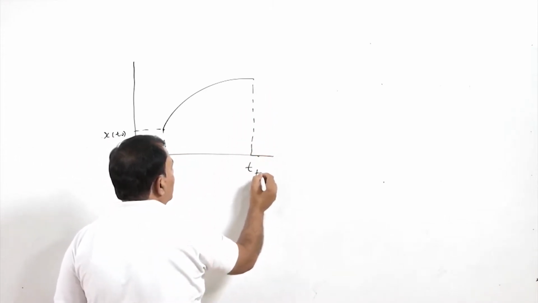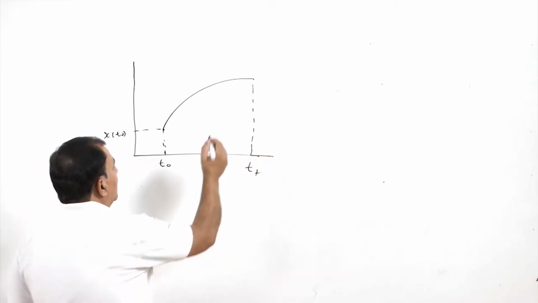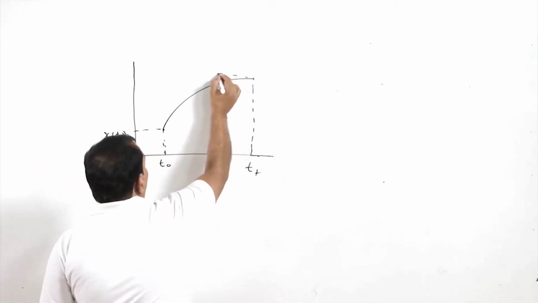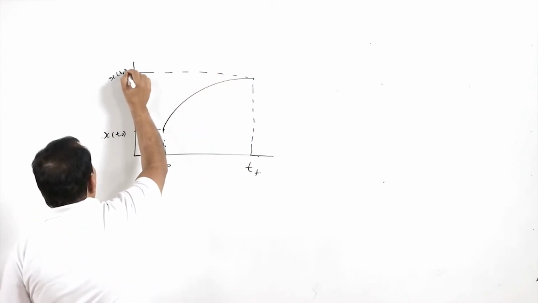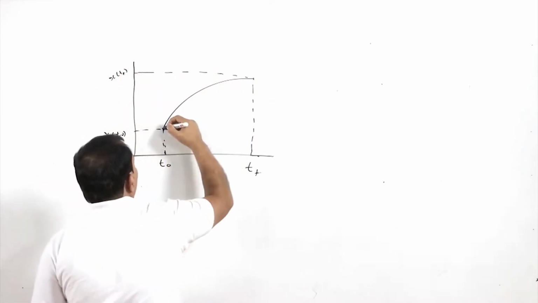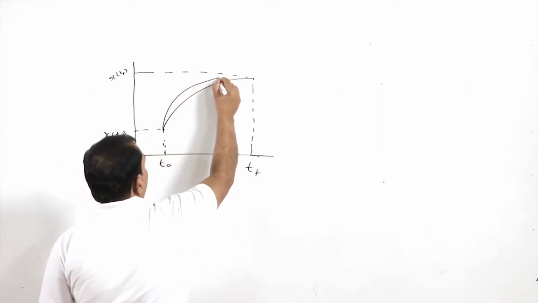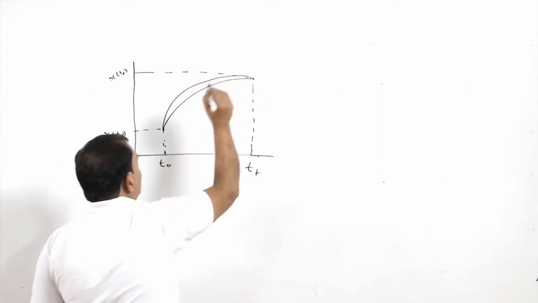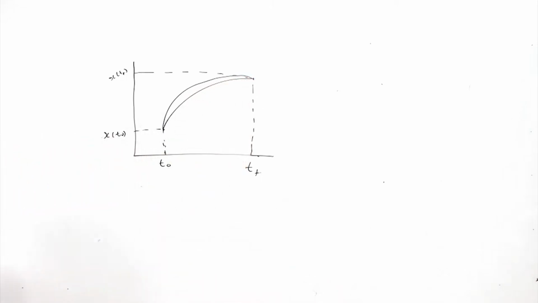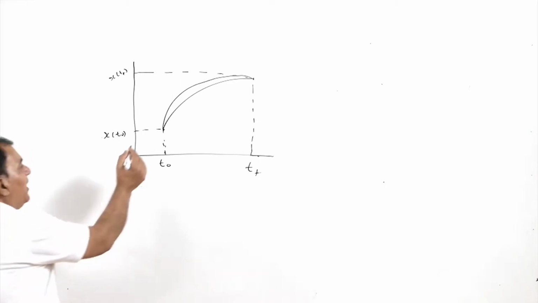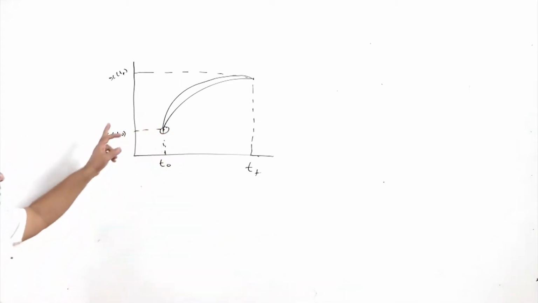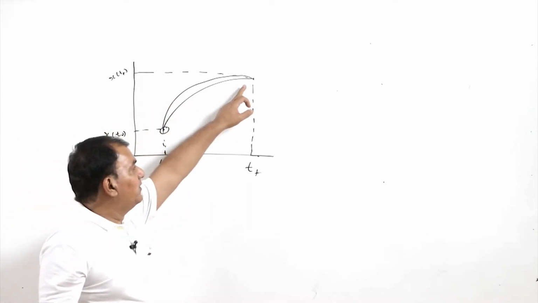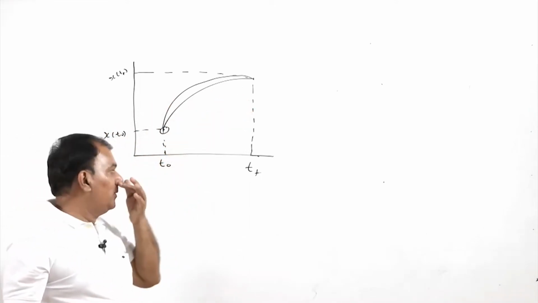This is my TF point. If I fix the end point at x(tf), the variation will take place subjected to the fixed initial point and the fixed final point. Initial point we are considering fixed for all the cases, but as in the first case if we fix the end point, what will be the condition?